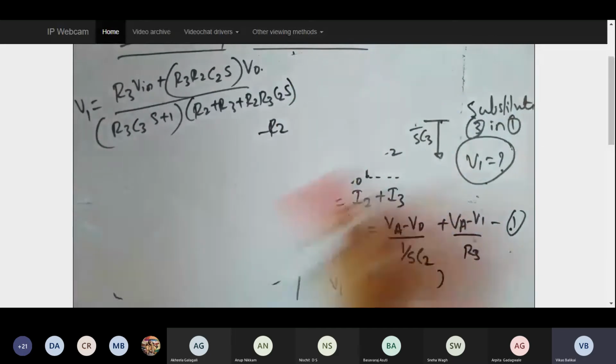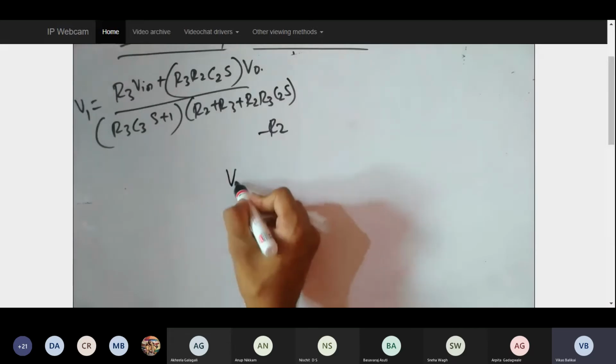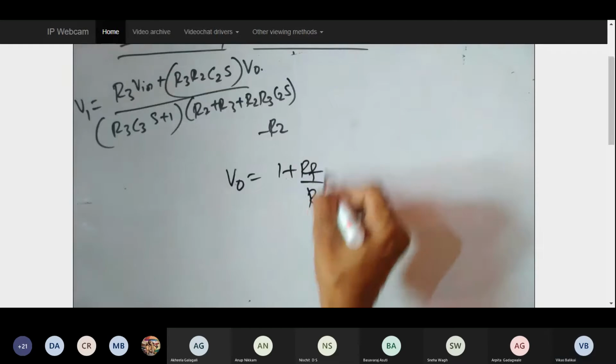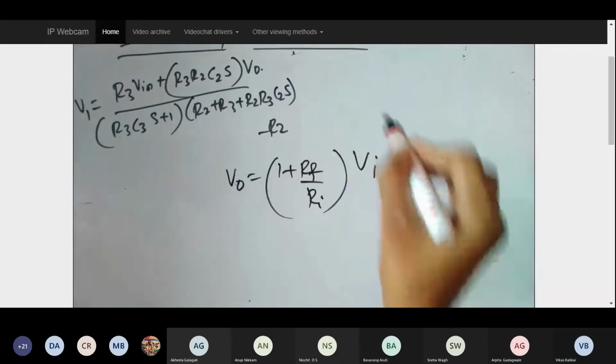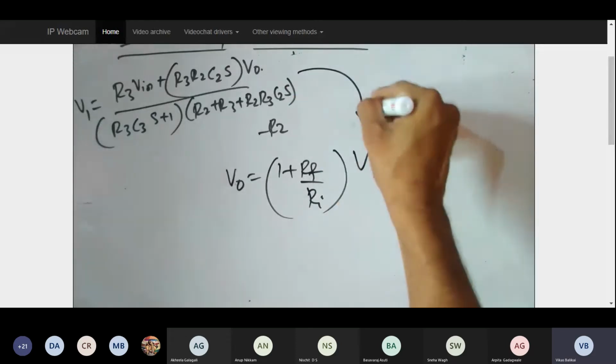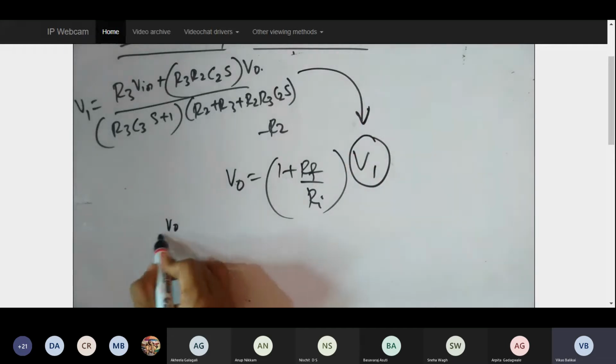So now that you know V1, as per my equation, what should be the V0? V0 is given by 1 plus RF by RI multiplied by V1. So in this V1 you substitute this equation, and again if you do the simplification, you are going to get V0 by Vin.